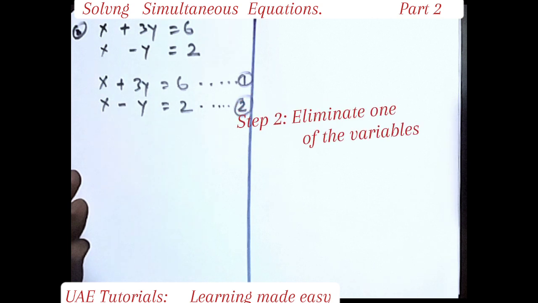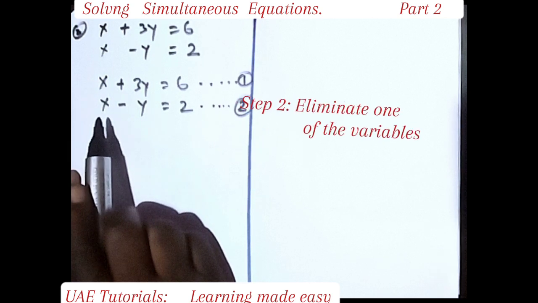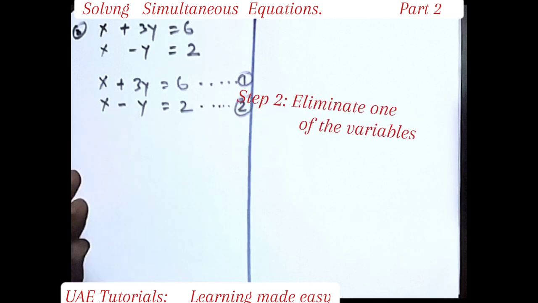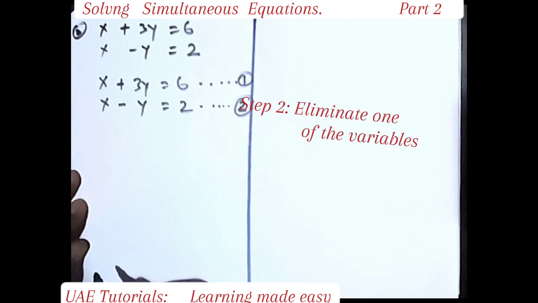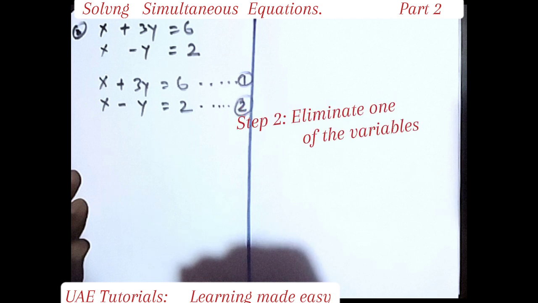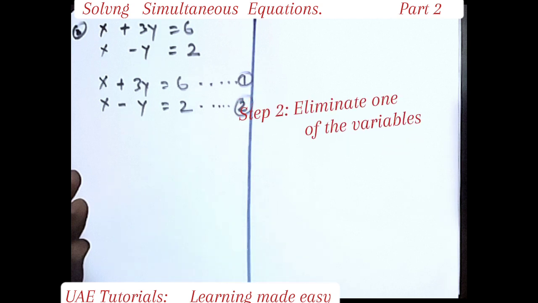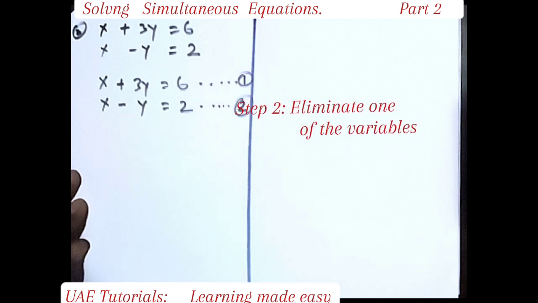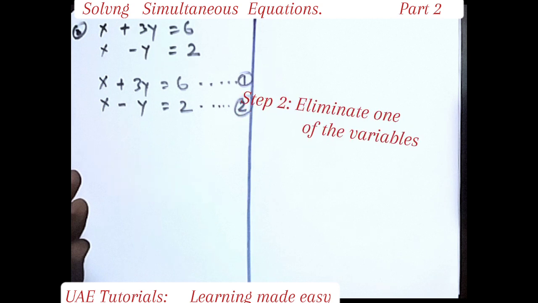And to do that, here I have 1x. In equation 1, I have 1x. In equation 2, I have 1x. And it is not every time you do addition to arrive at your goal of eliminating one variable. Sometimes you have to subtract.